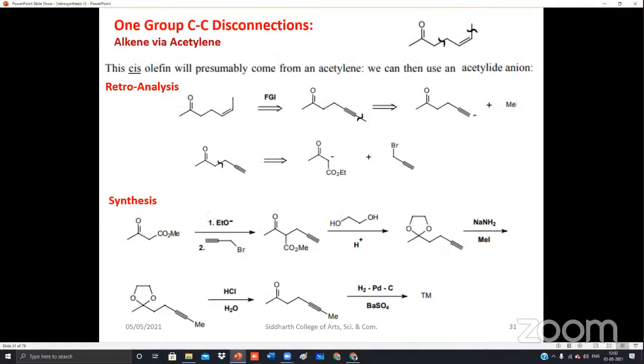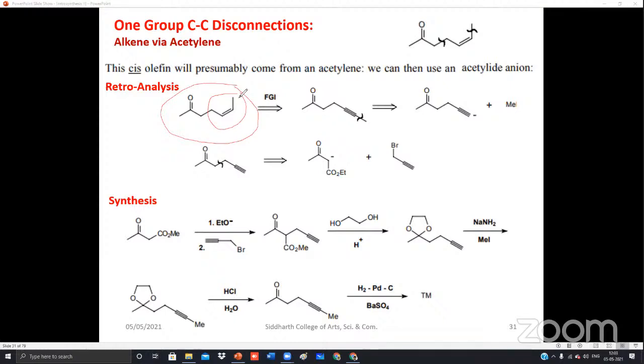Now look at here, another one group. We are talking about the one group carbon-carbon disconnections, but here now we are going to use some sort of chemistry, that is alkene via acetylene, because we are going to think about the selectivity in terms of the stereochemistry. Now suppose we have a target molecule where this double bond has a specific stereochemistry, and the stereochemistry is cis geometry of the alkene.